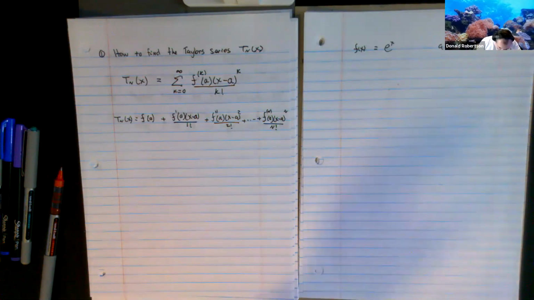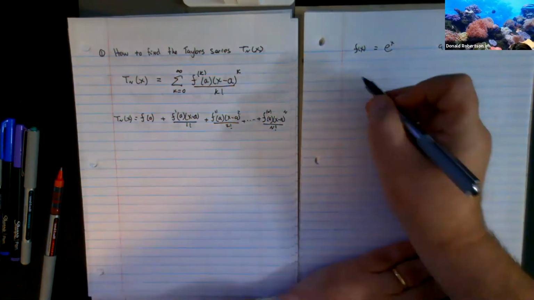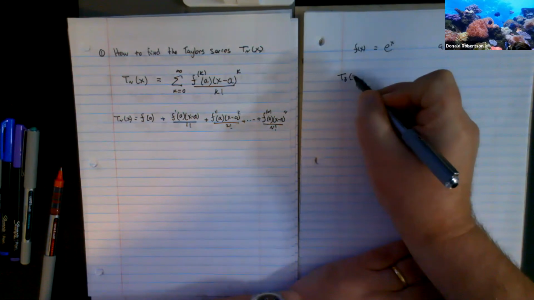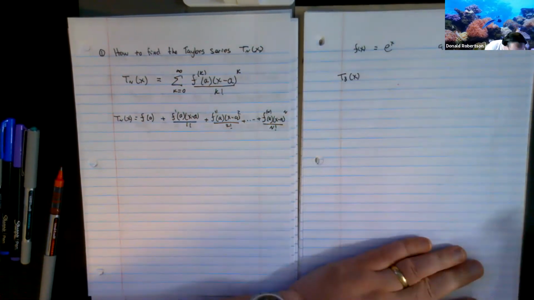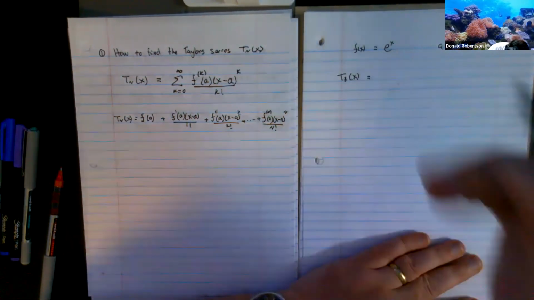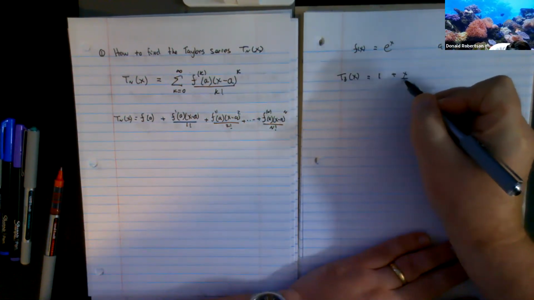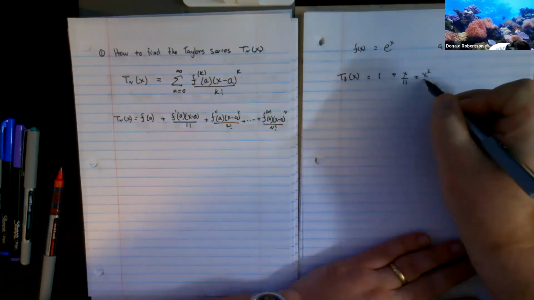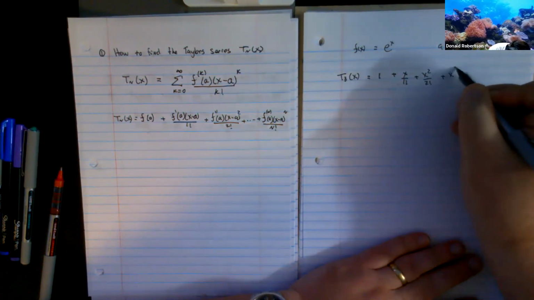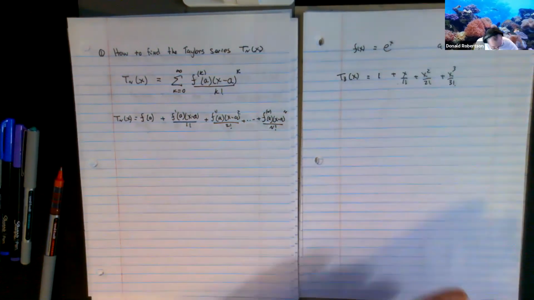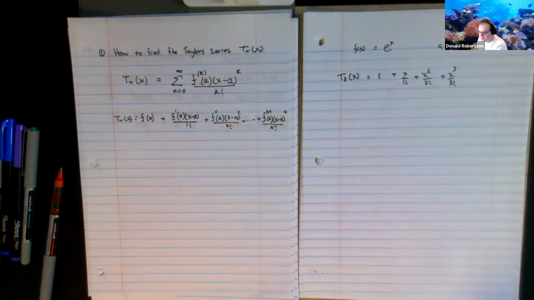Can you trust me on this one? That if I did T3 of x, for example, I would get 1 plus x over 1 factorial plus x squared over 2 factorial plus x cubed over 3 factorial. Can you just trust me that if I went through all the derivatives and plugged in f dashed of 0, I'd get this.